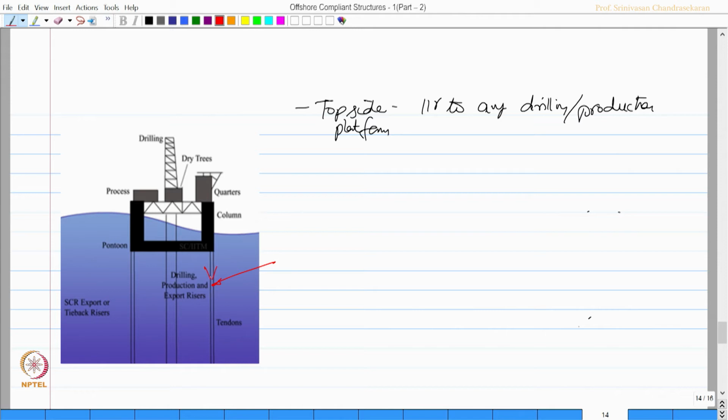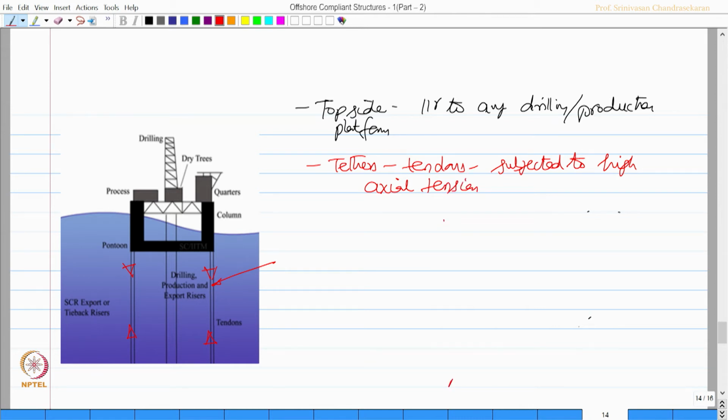They will be under axial tension. So, tethers, otherwise called as tendons, will be subjected to high axial tension.